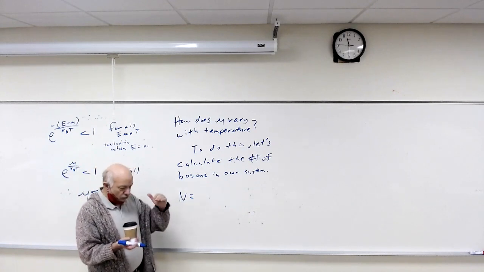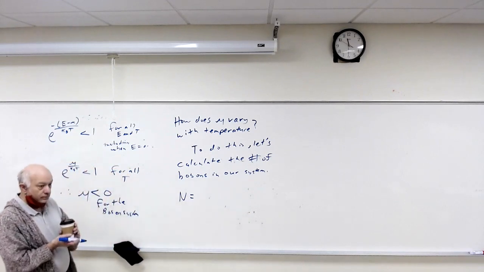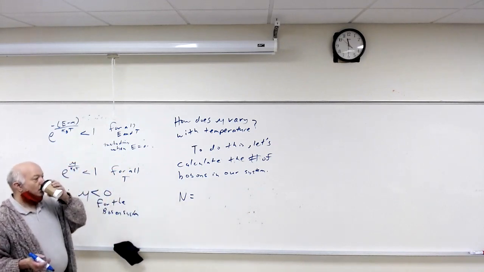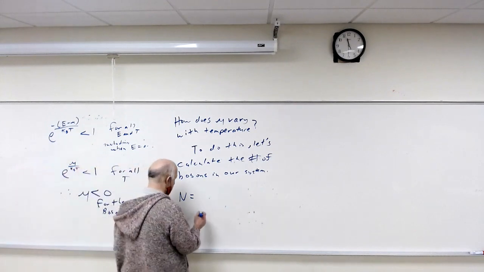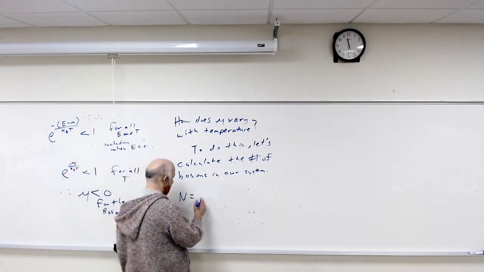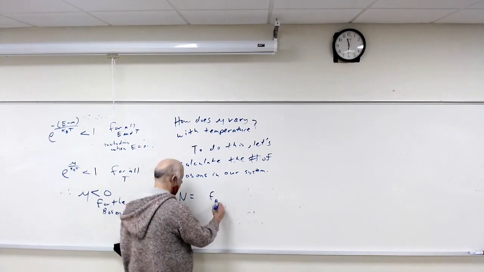So we said if we have an energy level, the average number of bosons in that energy level is given by the integral of the Fermi, or not, the boson distribution. Okay, so we're going to take the boson distribution here.